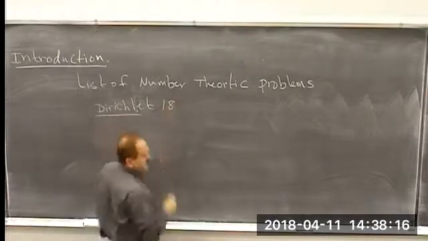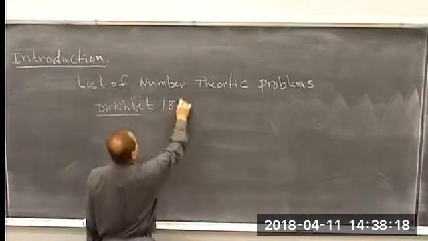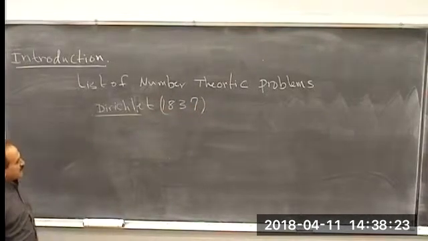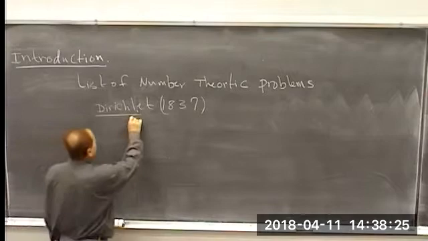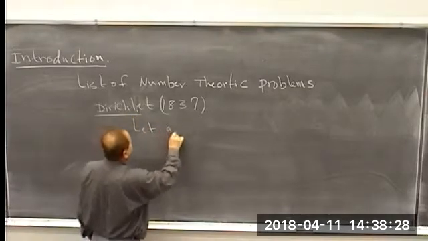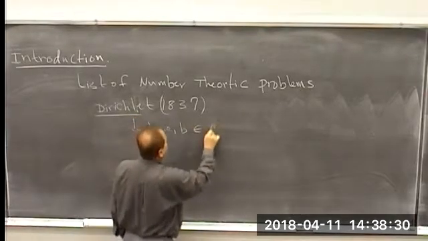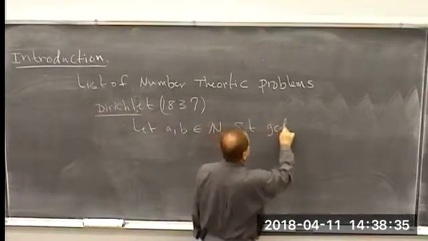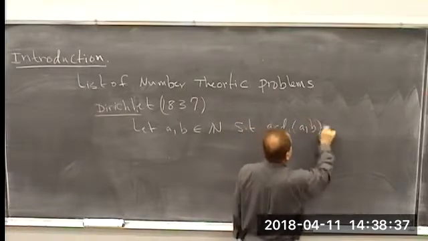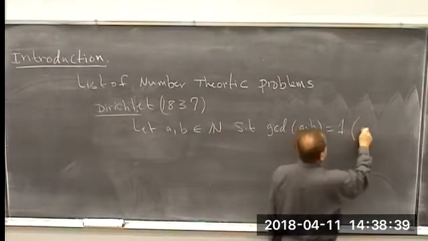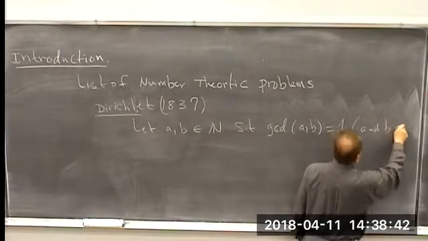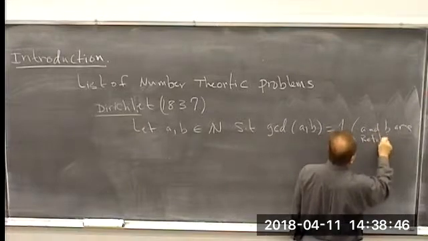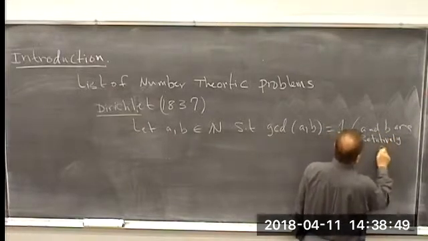In 1837, he stated the following theorem. It says: let a and b be natural numbers such that the greatest common divisor of a and b is equal to 1, which means a and b are relatively prime.